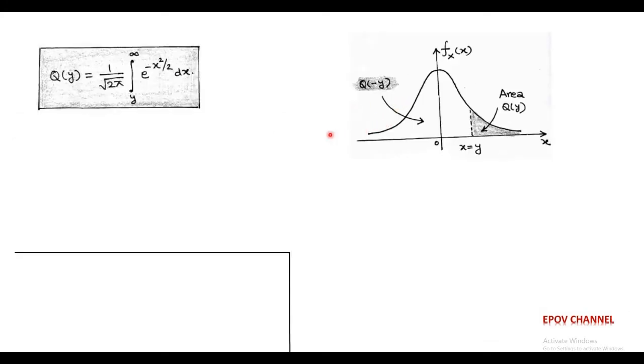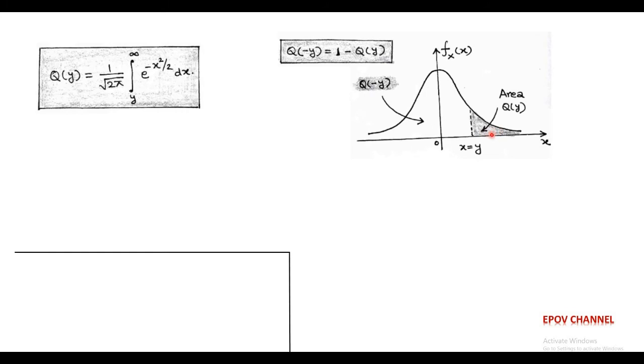So on the basis of these observations, the Q function is represented at the positive tail region shown by the shaded area, and it is equal to Q of y, and the remaining area is called Q of minus y. And Q of minus y is simply equal to 1 minus Q of y.